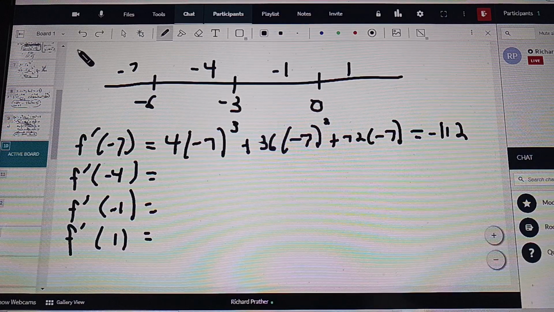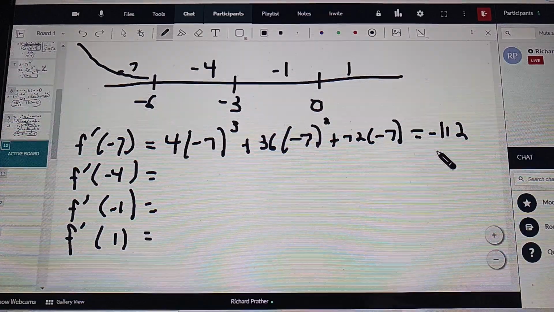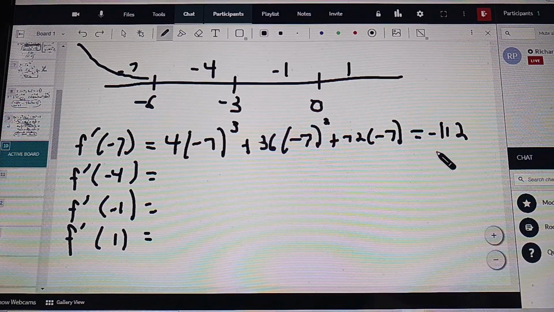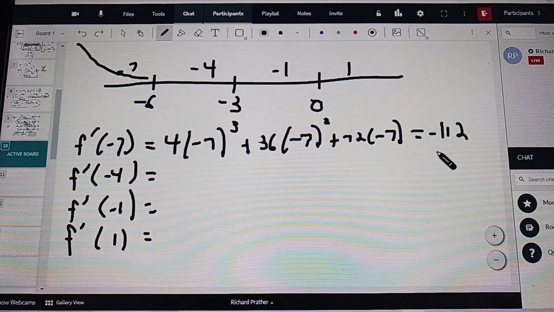So from -infinity until I get to -6, this graph is definitely decreasing, because the first derivative is negative in that section. And whatever it is for any one number in that section has to be the same for all of them, because it can't switch from negative to positive until it hits a 0 point. And we've already found all the possible 0 points. There's only 3 of them. So from -infinity till -6, you're definitely decreasing.